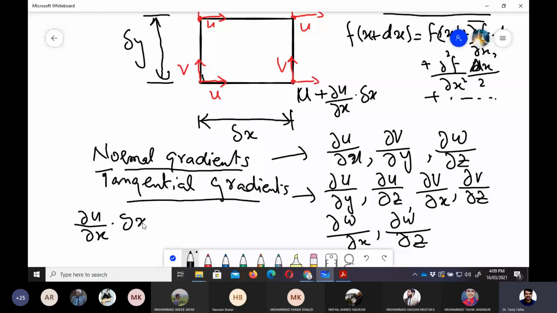Now change in volume. First of all, if we do some dimensional analysis here, delta x would be cancelled out with delta x. So what is the unit of u?